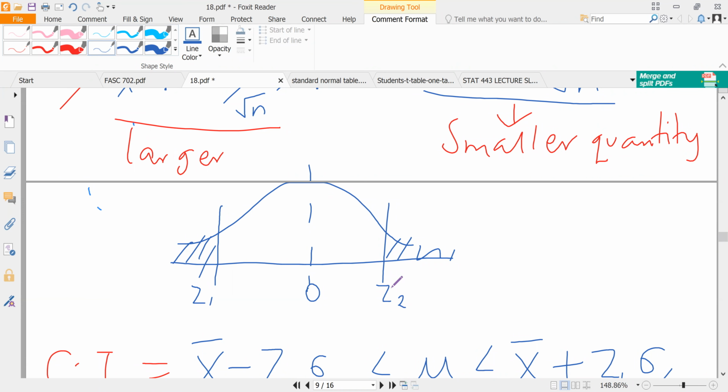So if you read your table and you get Z1 to be equal to, let's say, minus 1.34, then Z2 is just a negation of Z1, which will be 1.34, because of the nature of that particular curve.